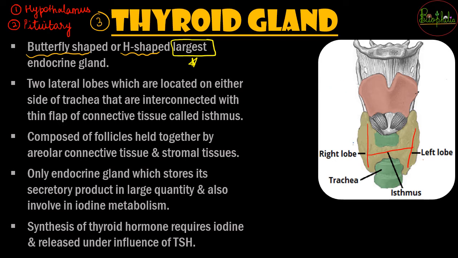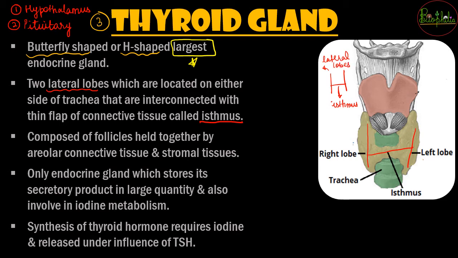So thyroid gland is going to have two lateral lobules, यानी साइड में उसके पास two lobules होंगे which are going to be connected to each other, and that connection by a thin flap of connective tissue is called the isthmus. So बीच में जो H बनाने के लिए आप horizontal line बनाते हो, that horizontal line is called the isthmus, and the two lateral lines are going to be called the lateral lobes of the thyroid gland.